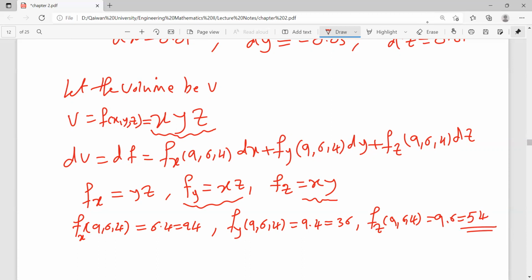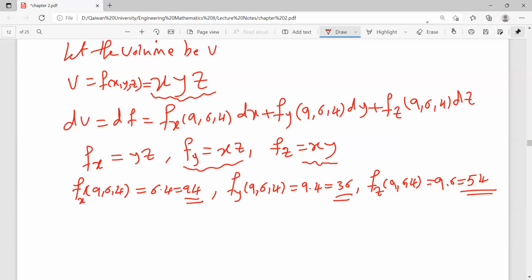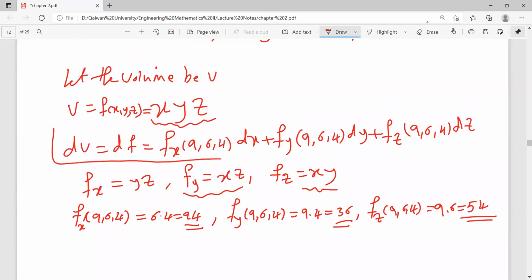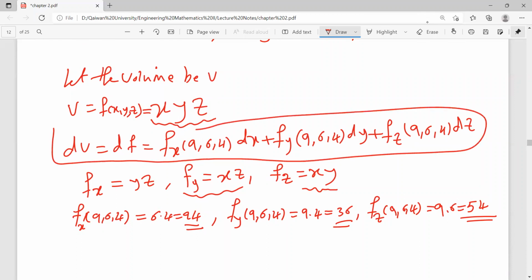We have these three values for f sub x, f sub y, and f sub z. We now have dx, dy, and dz, and we also have f sub x, f sub y, and f sub z at the point. We just replace them into the equation for dV.